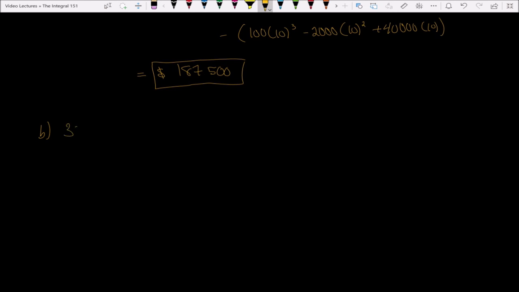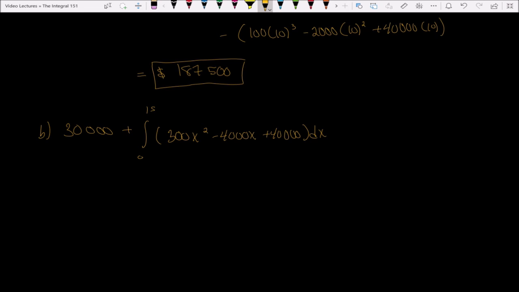This is going to be 30,000 plus the integral from 0 to 15 of c prime of x, which was 300x squared minus 4,000x plus 40,000, right?